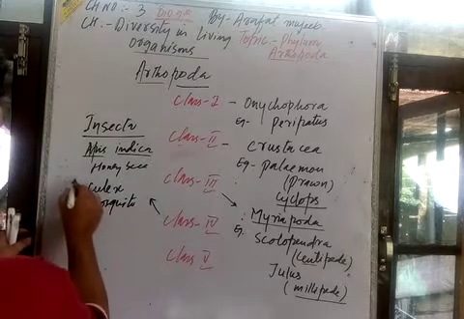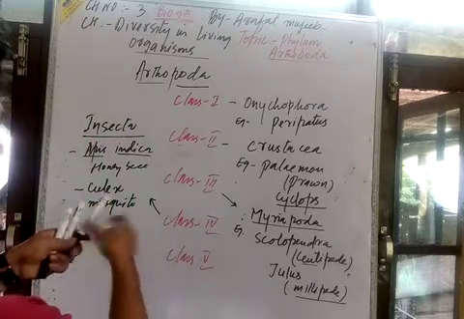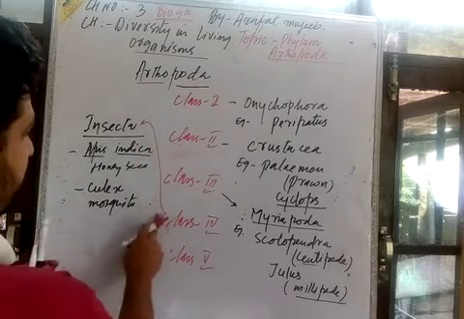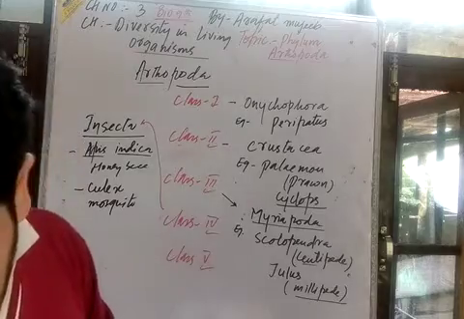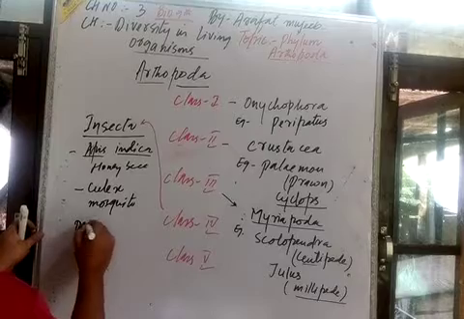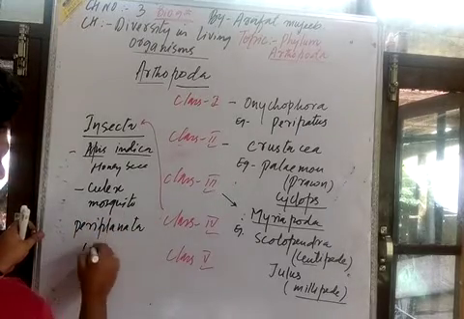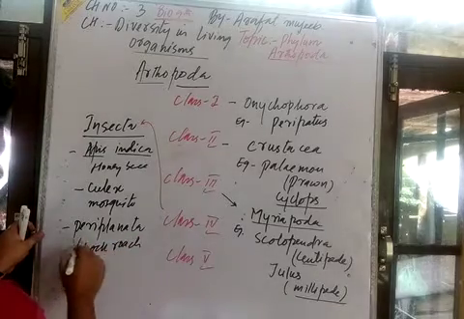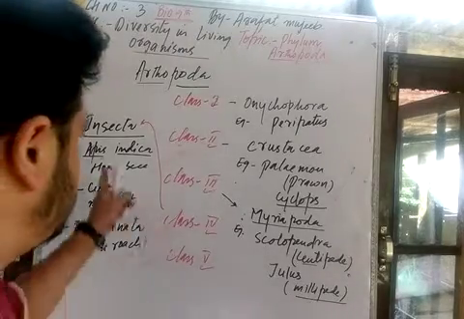Then here we can say Periplaneta, that is commonly known as the cockroach. Here are examples belonging to the class Insecta.